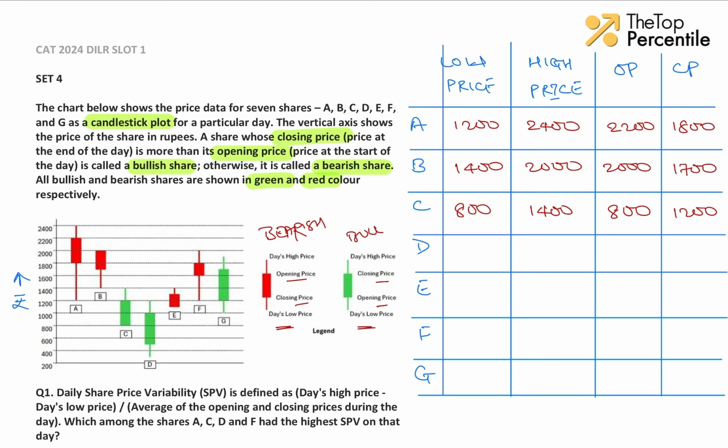D again, it is a bullish share, lowest is 300, highest is 1200, opening will be 500 and closing will be 1000. Let's go to E. It is a bearish share, lowest is 1100, highest is 1400, opening will be 1300 and closing will be 1100.